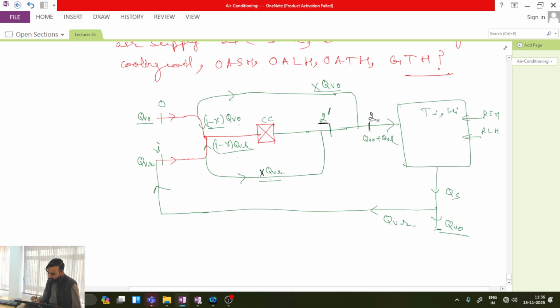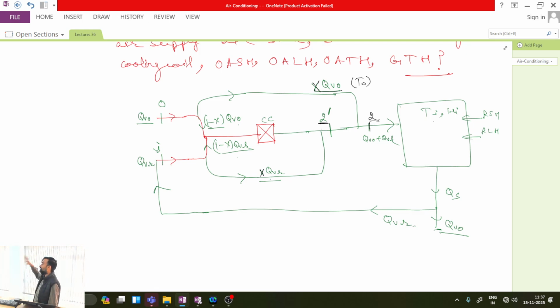But x into QV naught is the amount of air which has bypassed the cooling coil completely. Once it bypassed the cooling coil completely, its temperature is T naught and it is just entering into the room at T naught temperature. So it means that x into QV naught amount of air is not cooled in the cooling coil and has directly entered into the room at the outdoor conditions.